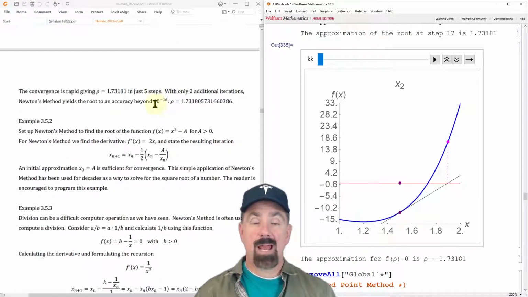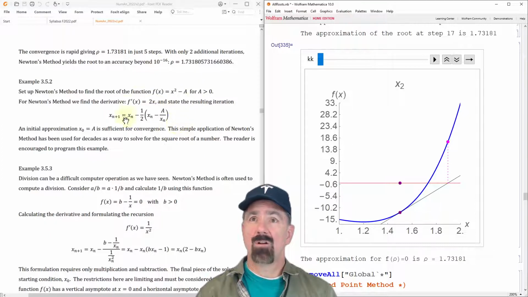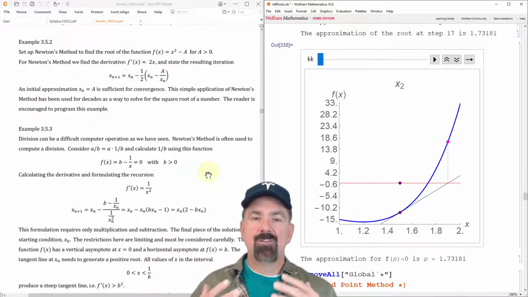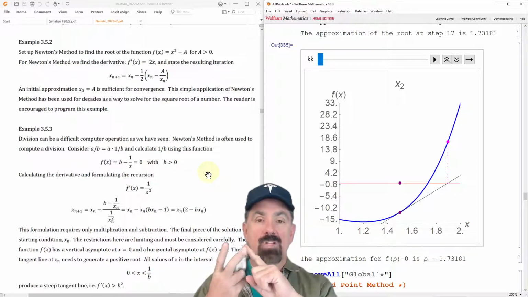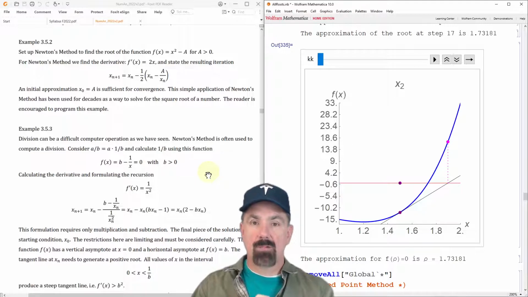Some examples of how Newton's method is used today are provided here. One of them is in solving square root problems. Another one is just division in the computer. The computer has no capacity to divide numbers directly. Numbers can be added and multiplied based upon the 64-bit representation.